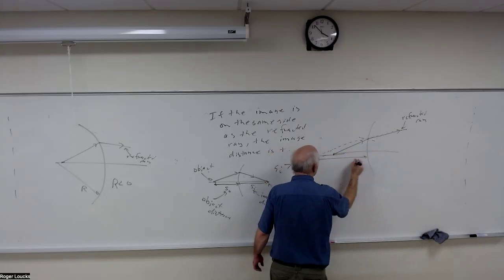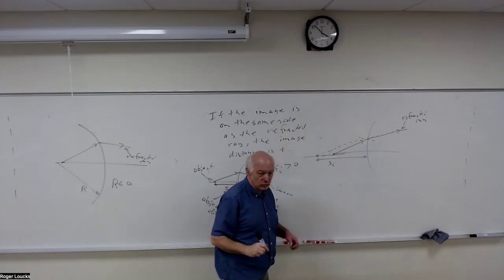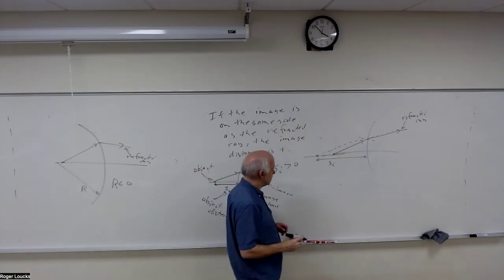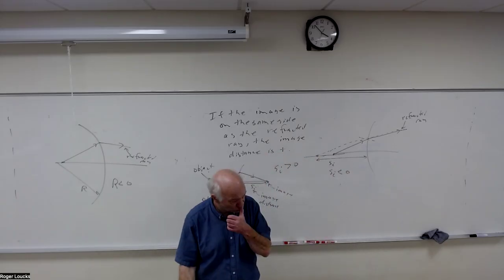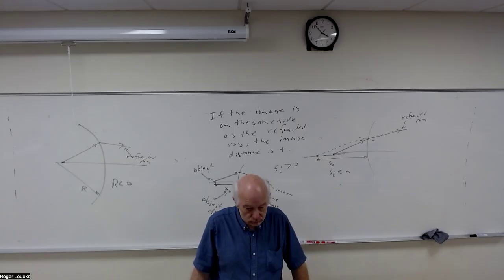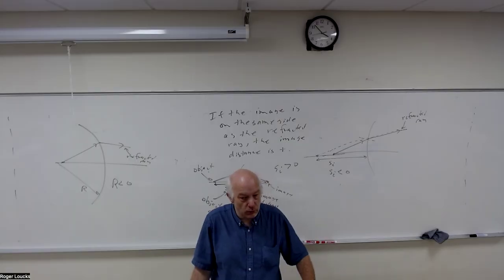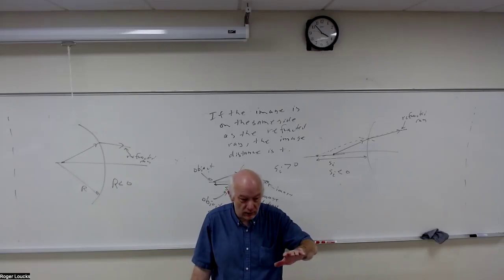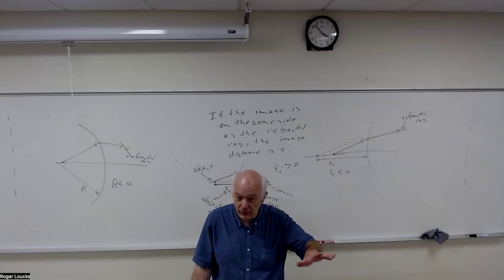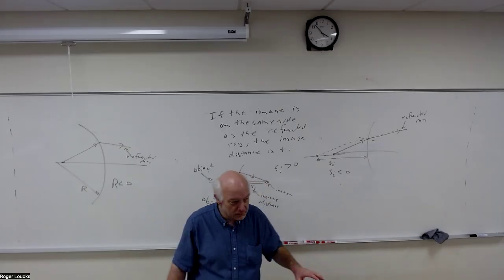This right here is my image distance. We'll also be able to have a virtual object, but I'm not going to deal with a virtual object. I can show you how to draw it. Almost no one shows how to draw it.